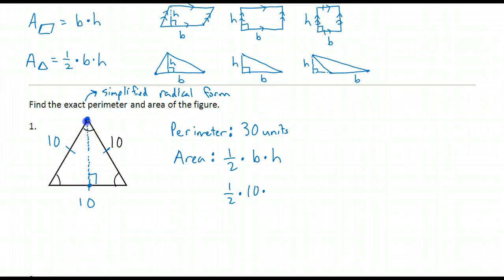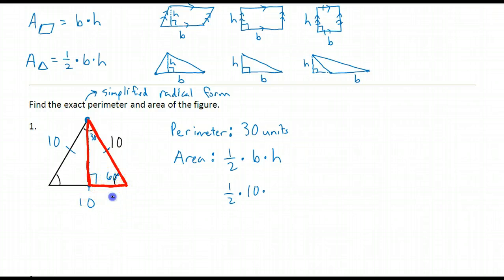Well, we can problem solve and look at this triangle as a 30, 60, 90 triangle. I can cut my equilateral triangle in half and make a 30, 60, 90 triangle.